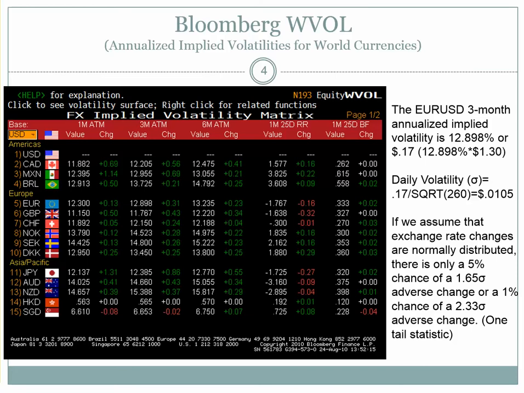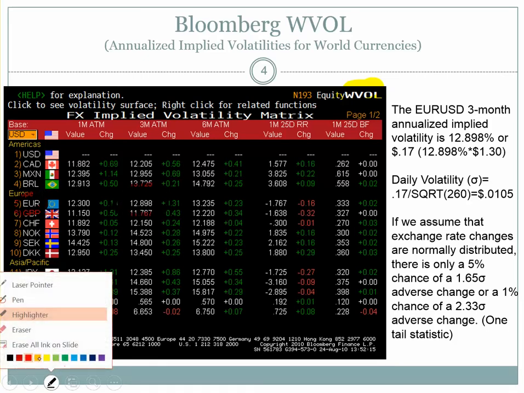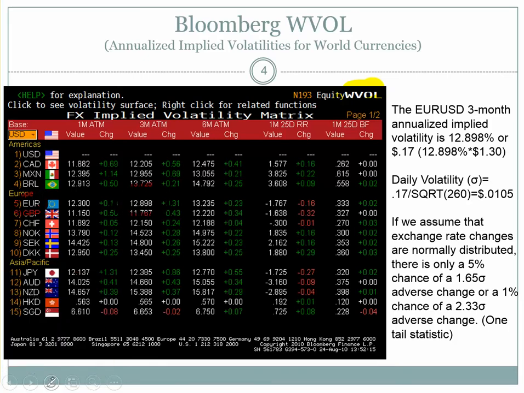I'm thinking about how volatile the euro is going to be over the next 3 months. And I look at a function in Bloomberg, WVOL, which is world volatilities. And I can see that the euro has an expected volatility of 13%.